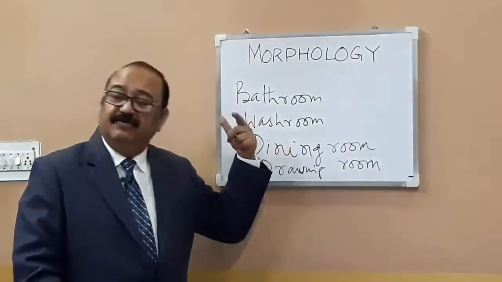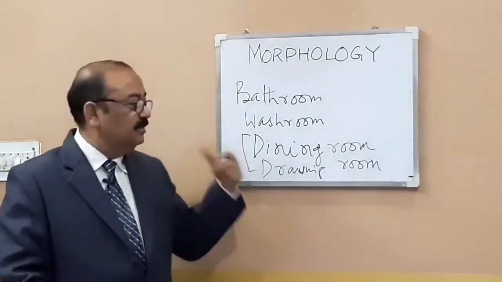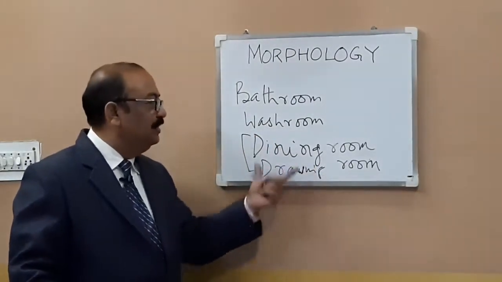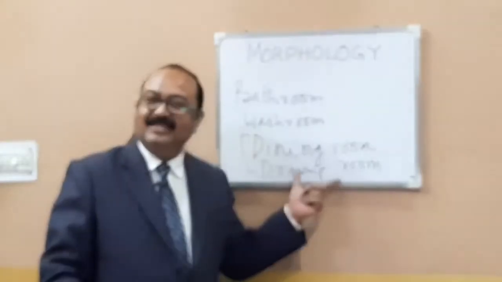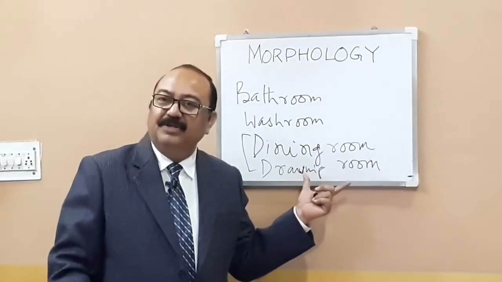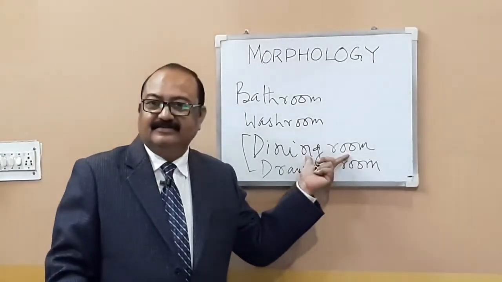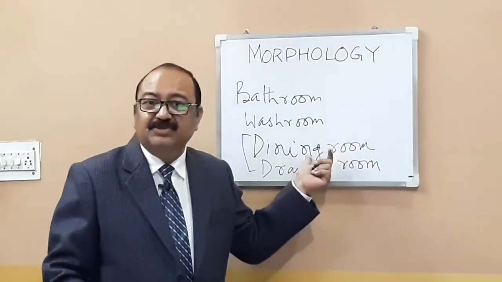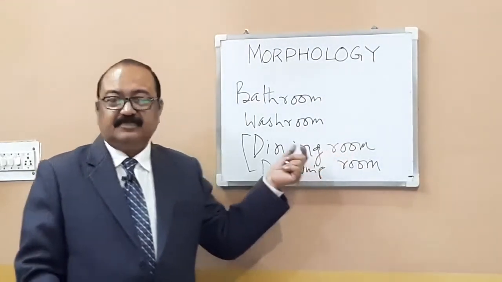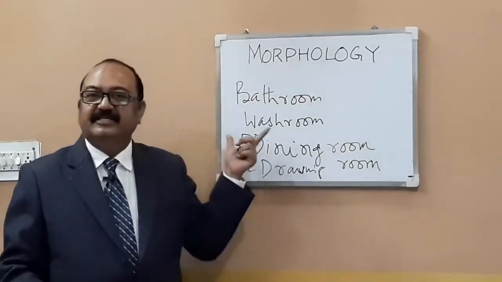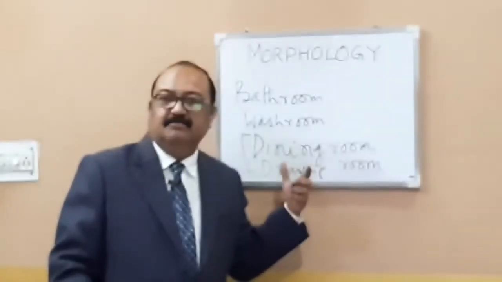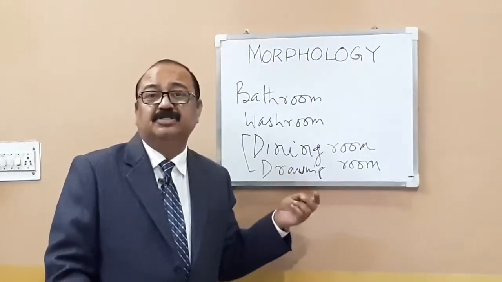They write even classroom as a closed compound word, but they do not write dining room as a closed compound word. They write it as an open compound word. So that is why it is not easy to tell whether it is going to be a closed compound word or an open compound word.